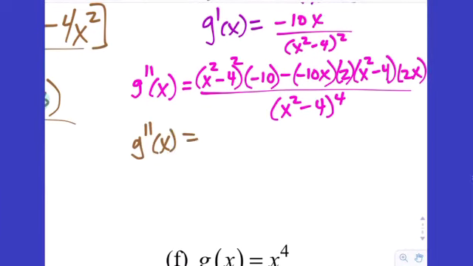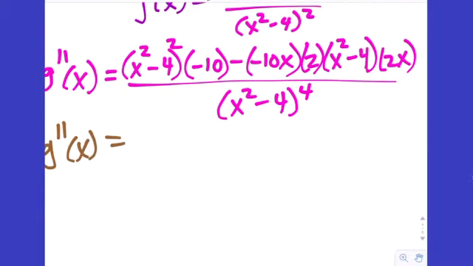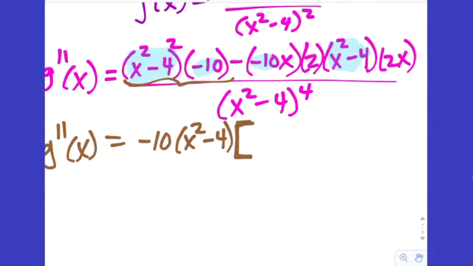So a little bit of housekeeping in the top. Now I have 2 terms, and I have an x squared minus 4 that's common in both. And I also have a negative 10 that's common in both. See that? So I'm going to factor out a negative 10, x squared minus 4 to the first, and then the beefy brown brackets, respect. In the first term, we're just left with x squared minus 4.